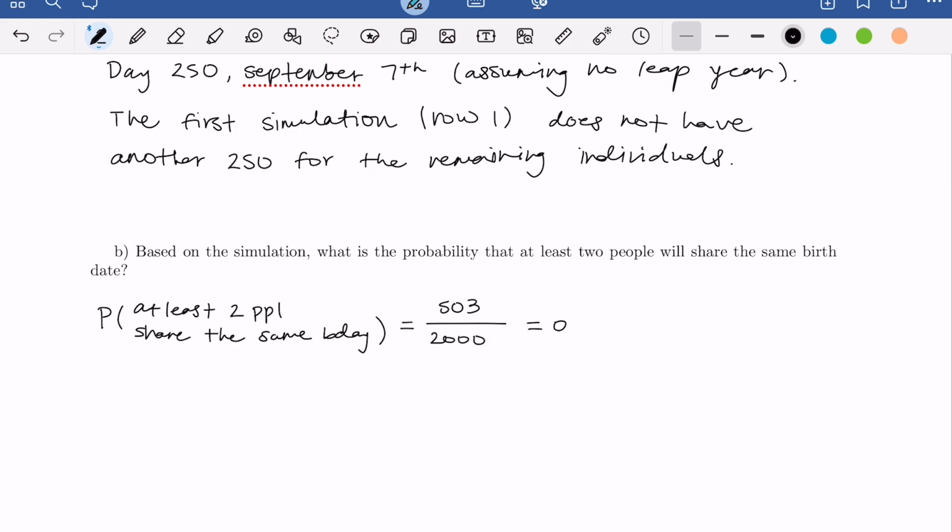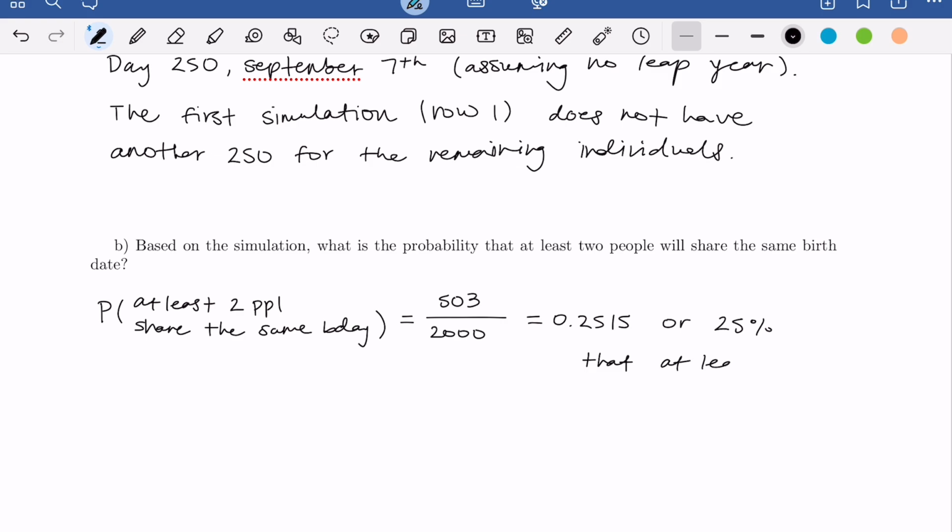So this is going to be 0.2515, or we can say that 25% of people in this simulation resulted in at least two people sharing a birthday in a group of 15 individuals. So the probability is 25% that at least two people share a birthday in a group of, in this case, 15 individuals.